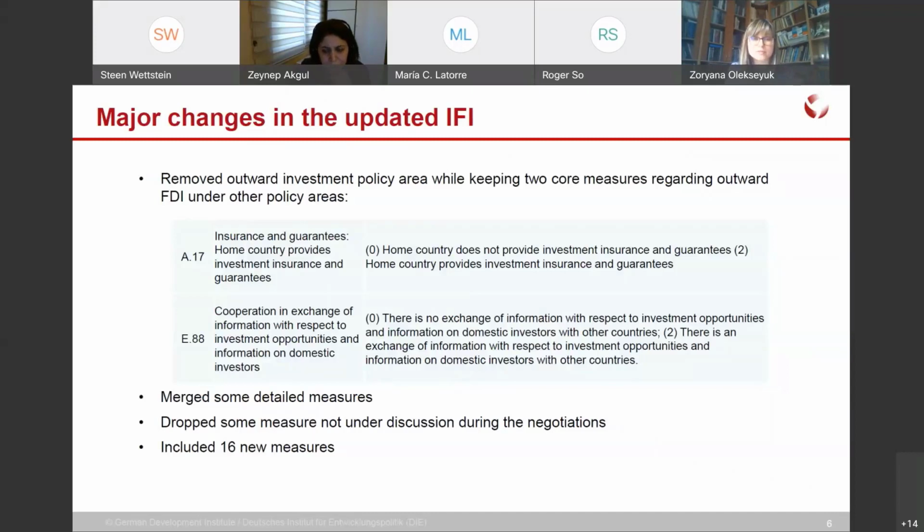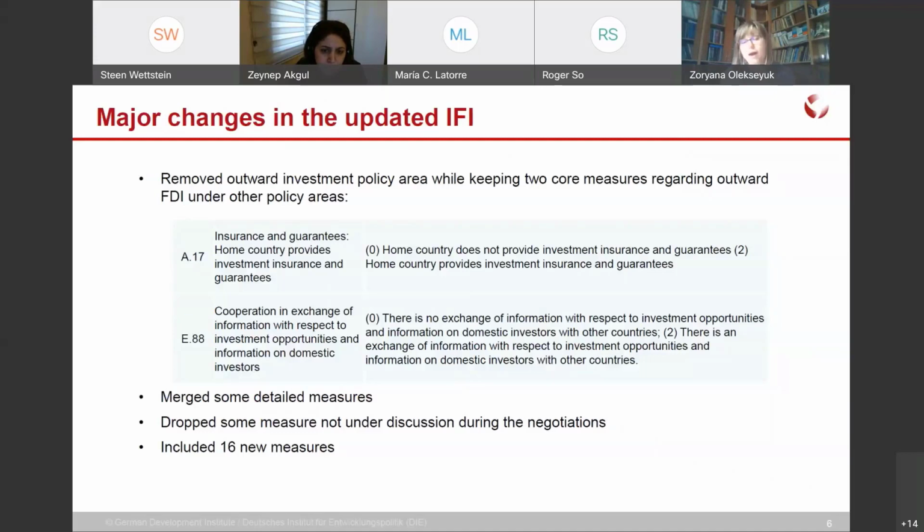What we have also done, we have merged some very detailed measures in the sense that they were not discussed in that detail by the negotiating countries, and we've got the feedback that it might be too detailed, so we merged them with much broader responses.